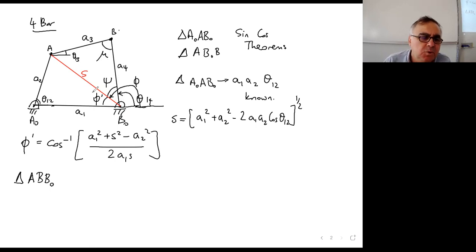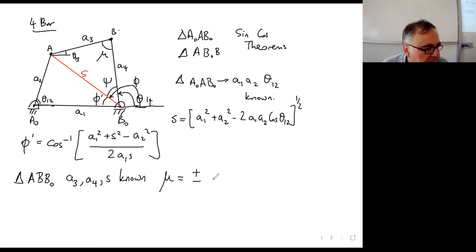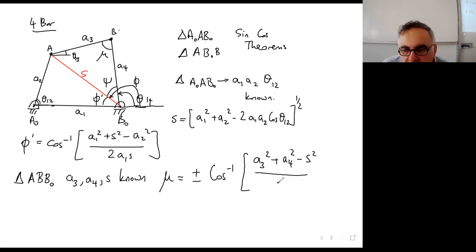Well, you know all three sides actually. So the new angle can be determined from this plus minus. We talked about this plus minus before: a3 squared plus a4 squared minus S squared divided by 2 a3 a4.